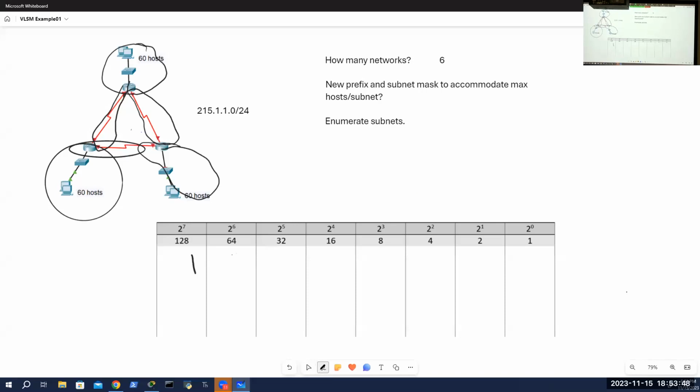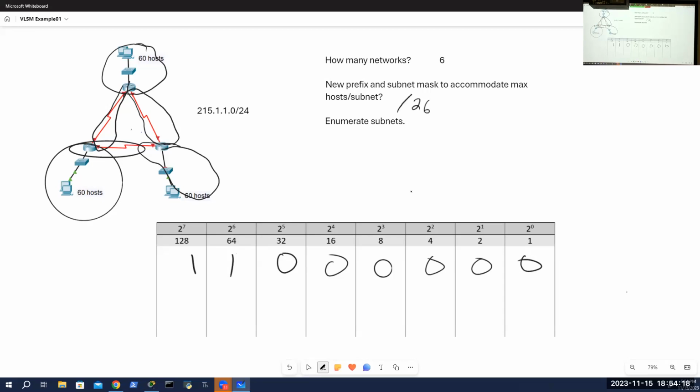I'm not really even going to look at how many networks because this is a VLSM problem. That gives me a new prefix and subnet mask that accommodates the max hosts per subnet. The new prefix is /26.